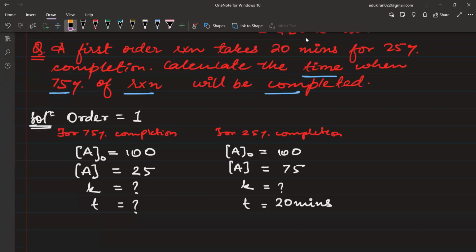Okay, calculate the k and then plug in here. It's kind of correct, Akshay. Very good.